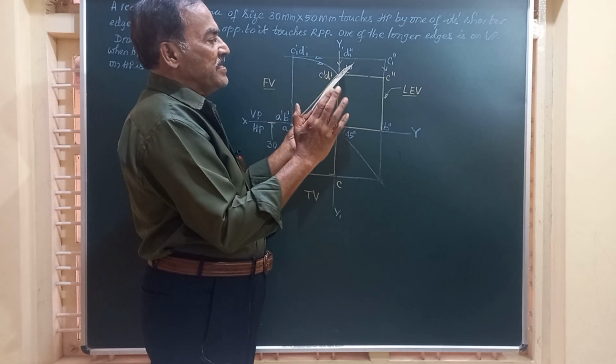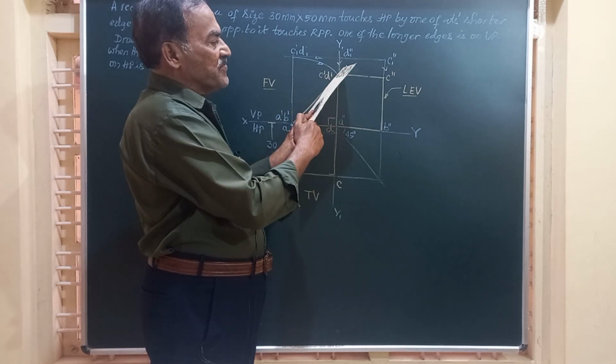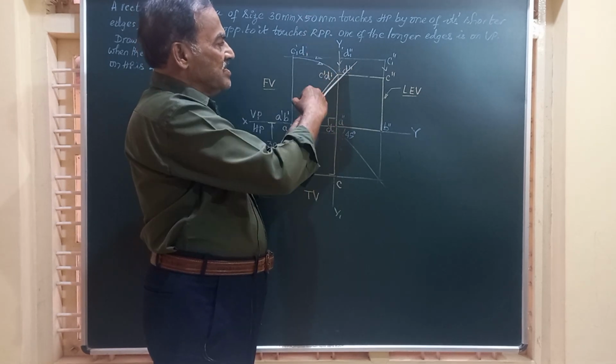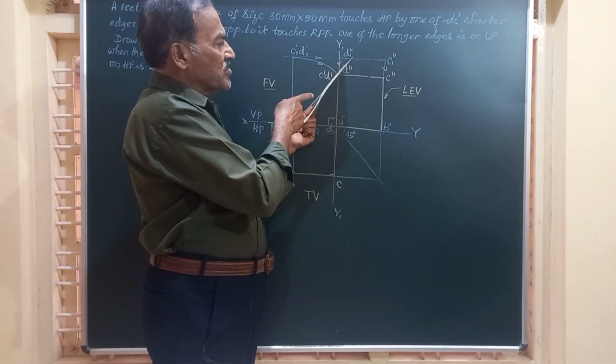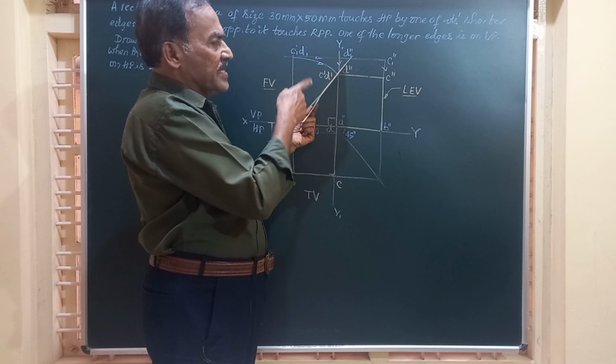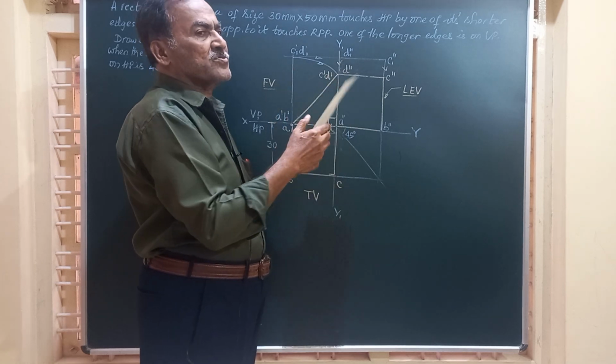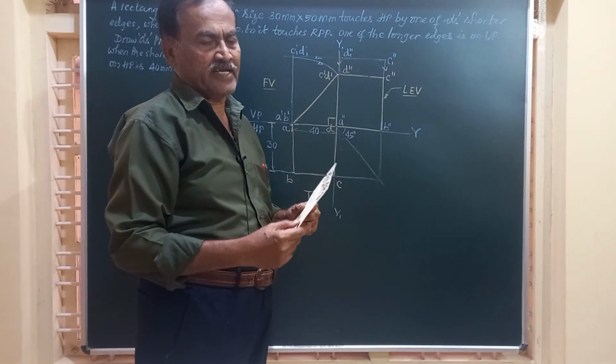So, finally, you can see this as a line in the front view and as another rectangle in the top view, and in the end view also you see it as a rectangle reduced to some extent along the longer edge.